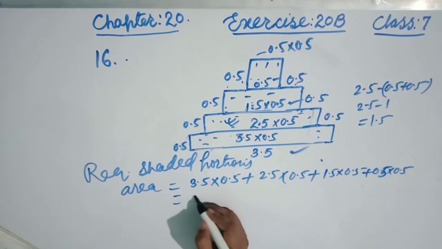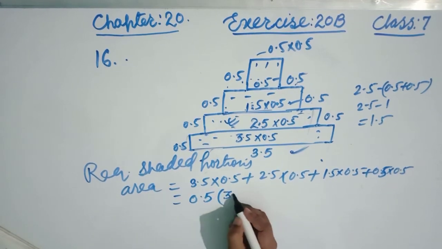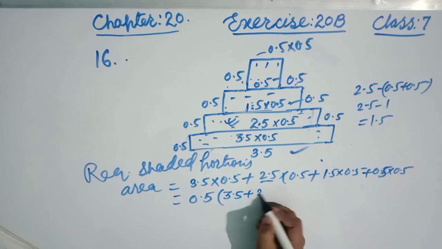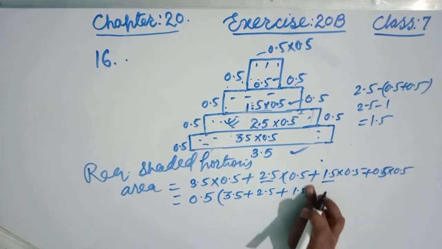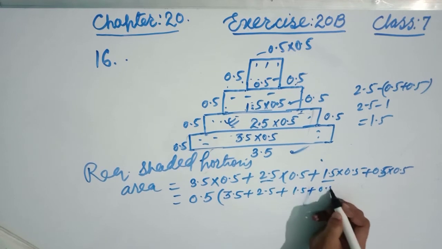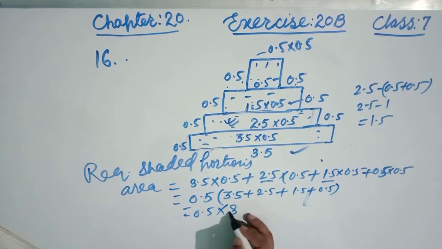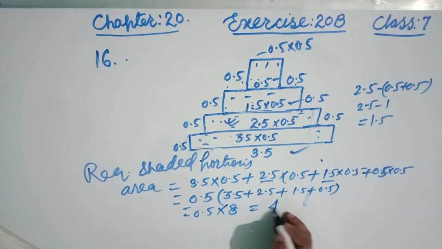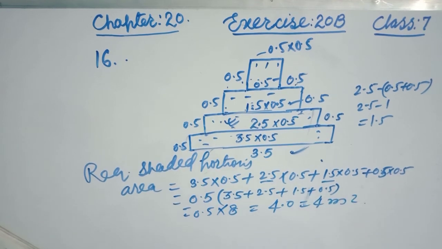Now see, friends, 0.5 is common, take the common, and 3.5 as it is plus 2.5 as it is plus 1.5 as it is plus 0.5 as it is. Now add, friends: this is 8, this is 4, so this is 4 meter square. So this is the answer. I hope you will understand.